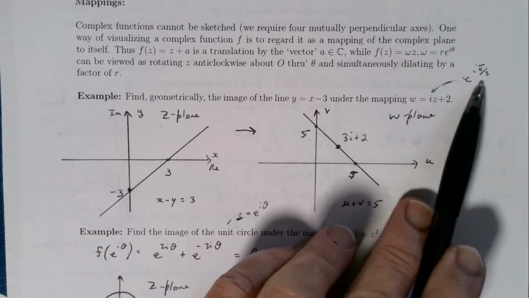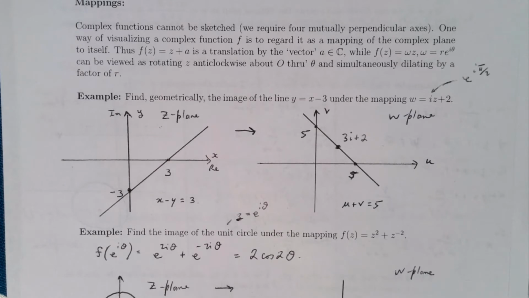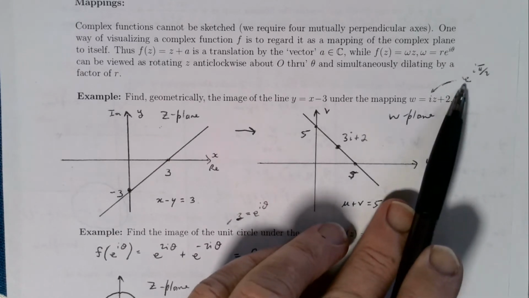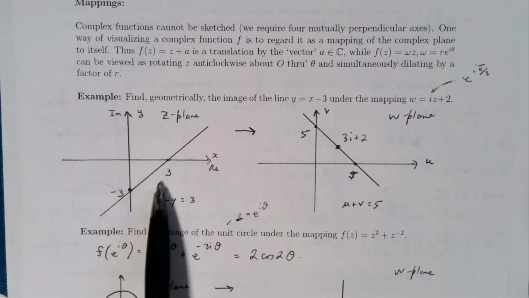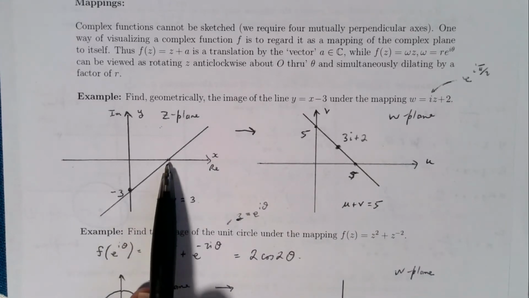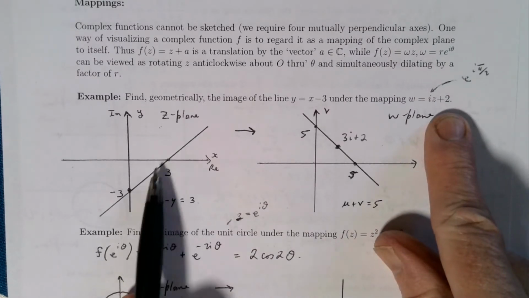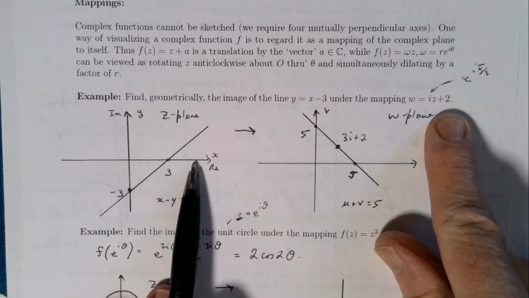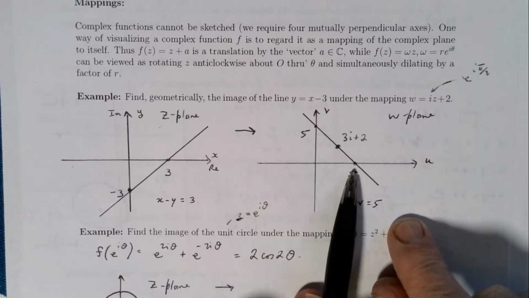So modulus 1 and the argument's pi on 2. So it won't dilate it, it'll just rotate it for this part of it. So that point gets mapped to there, and then I'm going to translate by 2 units in the positive real direction for the plus 2 here, and that's going to send me across to the point 5, and so that point minus 3 gets mapped to 5 over here.